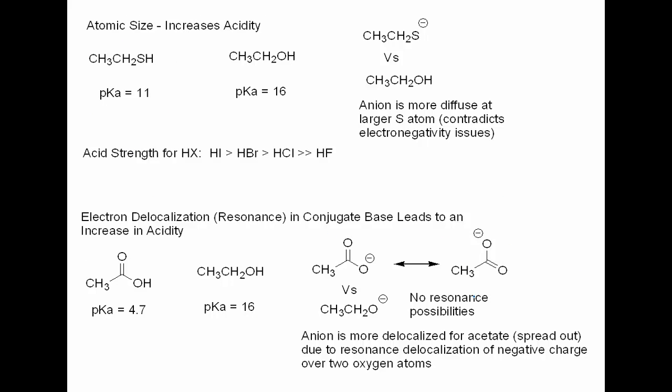Okay, let's look at some trends for acidity and basicity. In the previous slide, you saw that the thiol had a pKa of 11 and the corresponding alcohol has a pKa of 16.